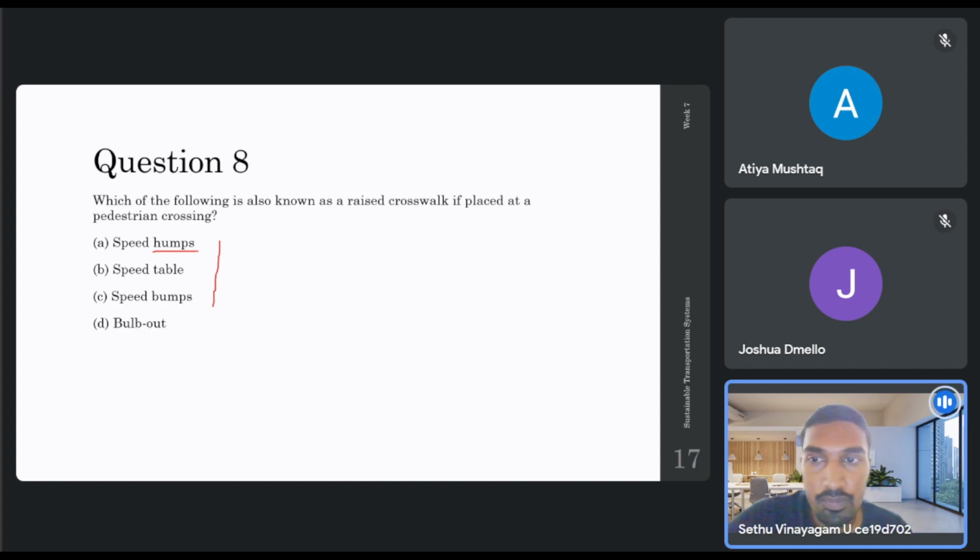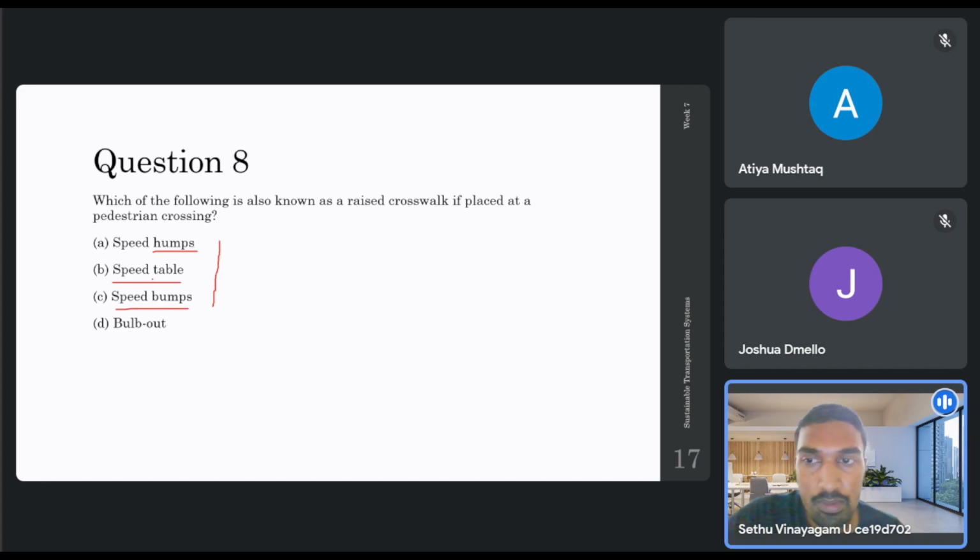Whereas speed tables are much wider than speed humps, and they have a flat top. That is a speed table. Speed bumps are similar to humps, but over a smaller lateral dimension, so the vertical rise is much steeper. Therefore, the speed reduction due to speed bumps will be much higher than with speed humps.